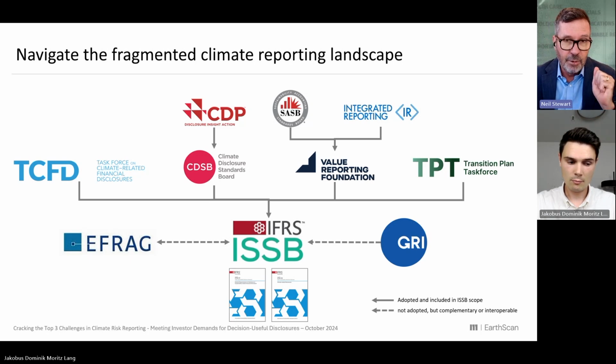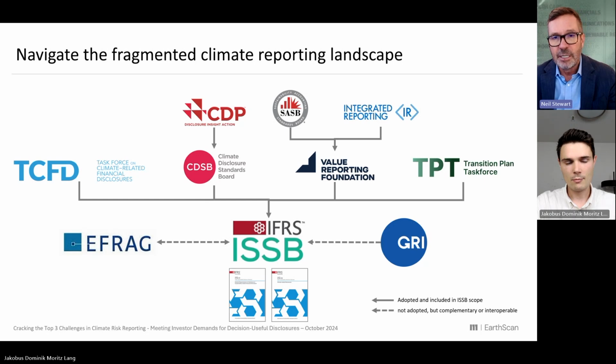One of the big reasons for creating the ISSB was to reduce complexity and to build on the prevalent investor-focused frameworks and standards. And you can see in this illustration that we have taken the TCFD recommendations, the SASB standards, the Integrated Reporting Framework, and the Climate Disclosure Standards Board, and really incorporated them into the ISSB standards.